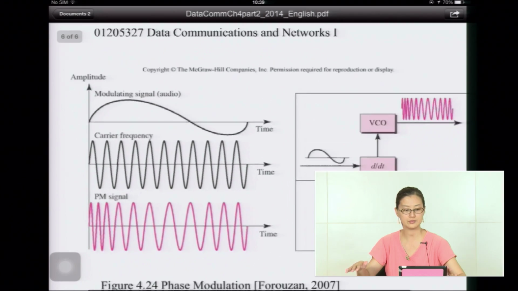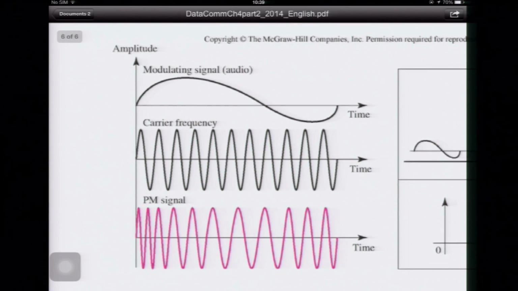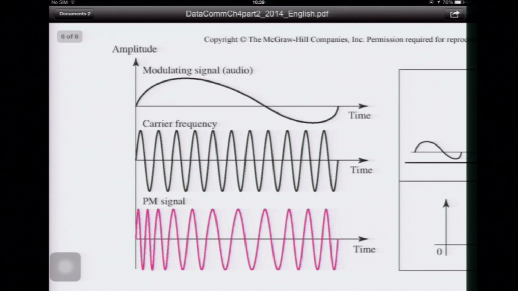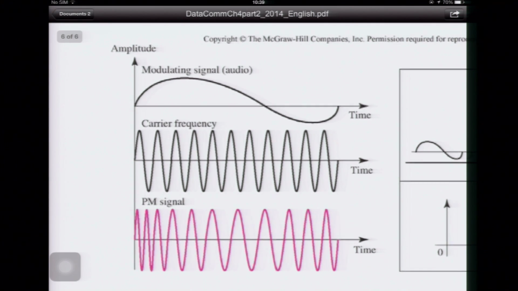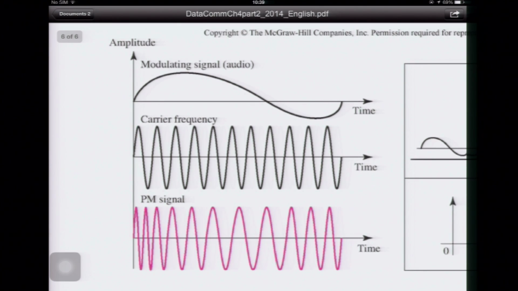Okay, this is the case of PM. You can see that it's similar to the FM case. However, the phase is changing with the amplitude of the signal. So you can see that the number of circles, or the frequency, does not follow the amplitude of the baseband.